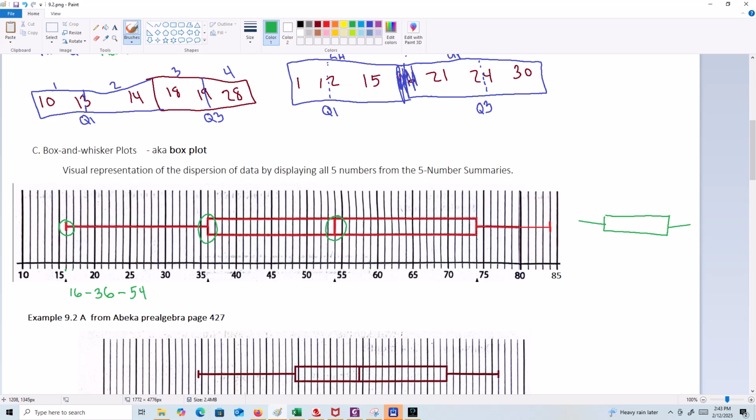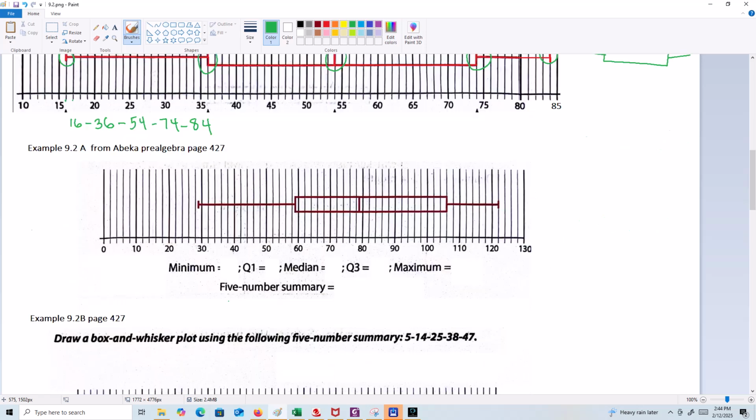And then the next vertical red line we come to is 74. So that's the third quartile. And then 84 is the last one, and that is the maximum. Easy, right? All right, so example 9.2a, this is from Abeka's Pre-algebra, page 427.